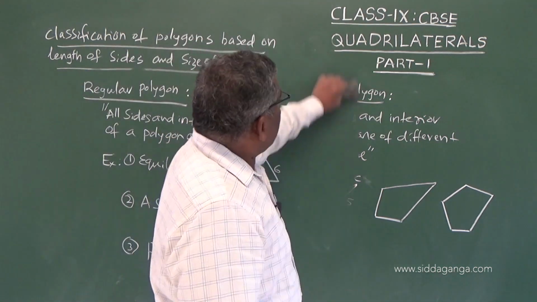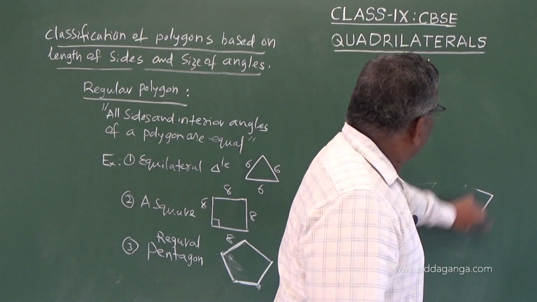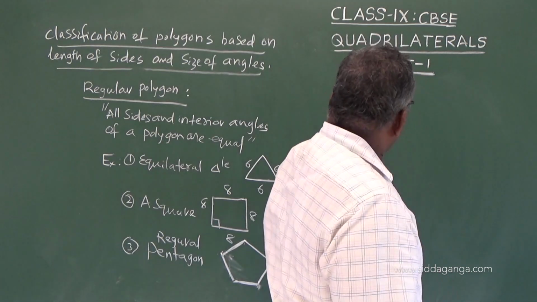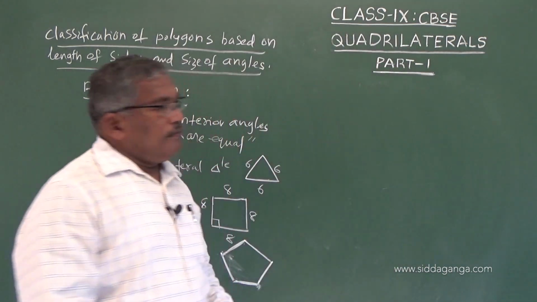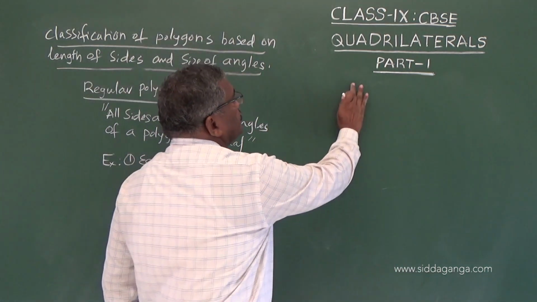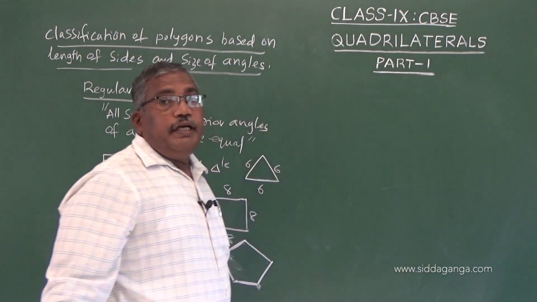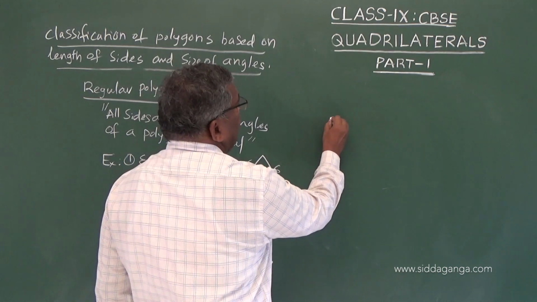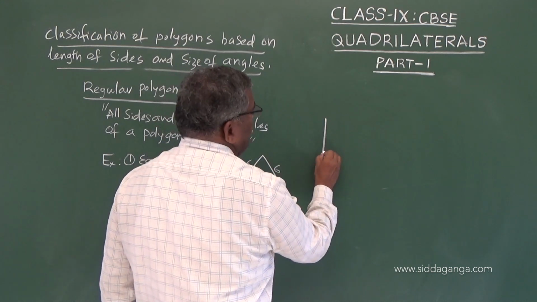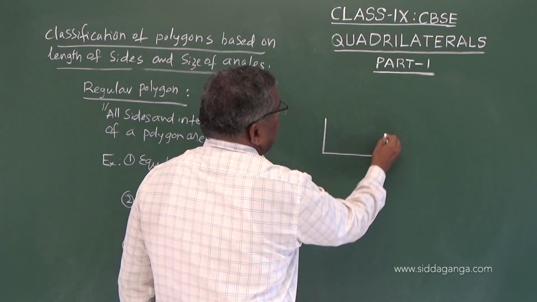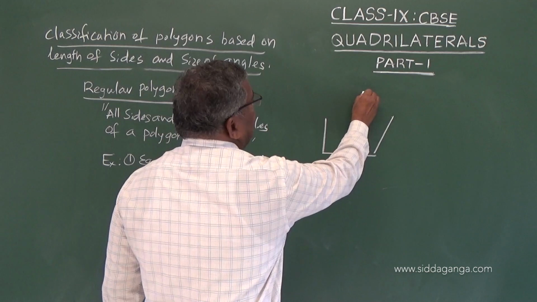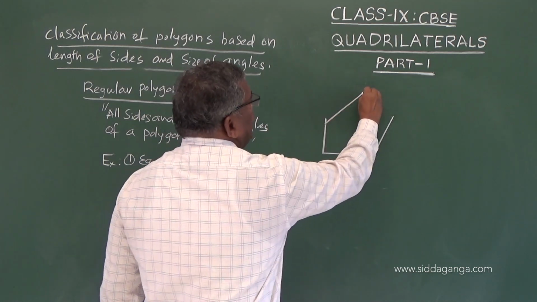Now we shall understand what is a convex figure and a concave figure. Now observe here, suppose we have a figure like this. This is a pentagon, maybe an irregular pentagon with different side lengths.